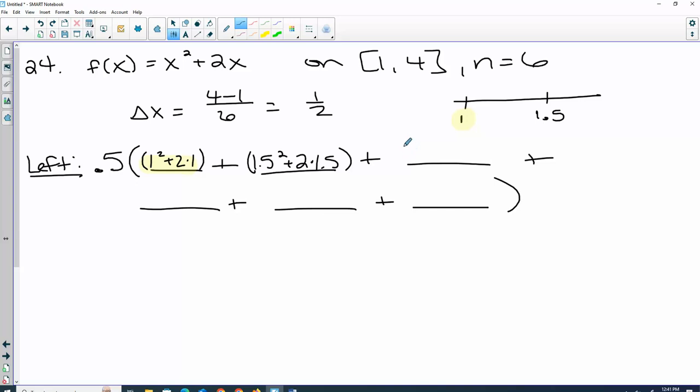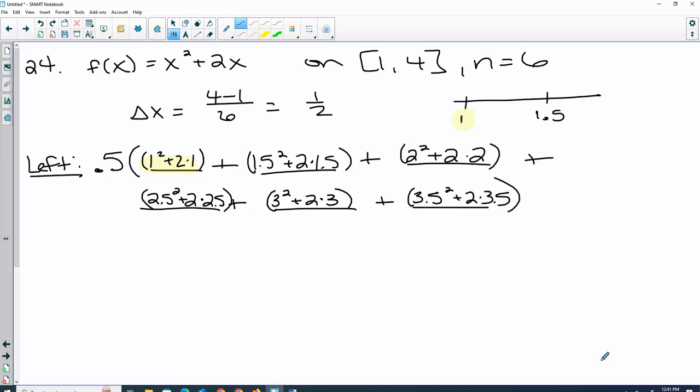If you go up by 0.5, that would be 2 squared plus 2 times 2. 2.5 squared plus 2 times 2.5. 3 squared plus 2 times 3. 3.5 squared plus 2 times 3.5. Do you guys understand how I got those numbers? And if you evaluate that, it comes out to be, I think, 30.875.